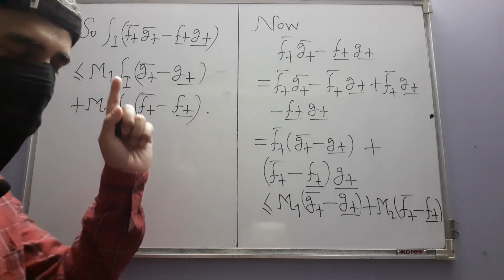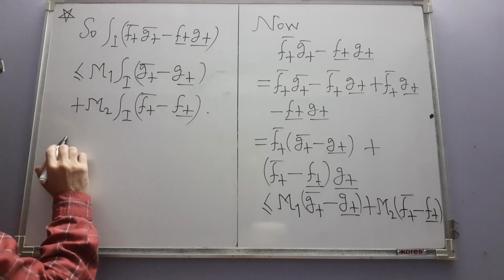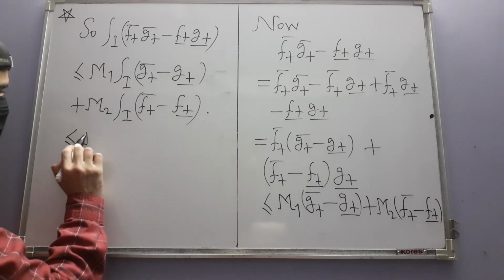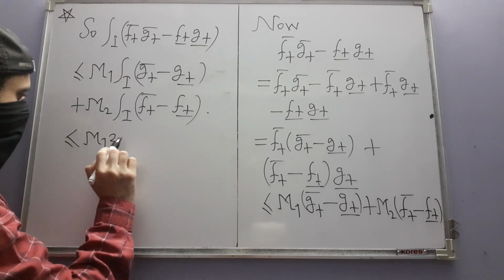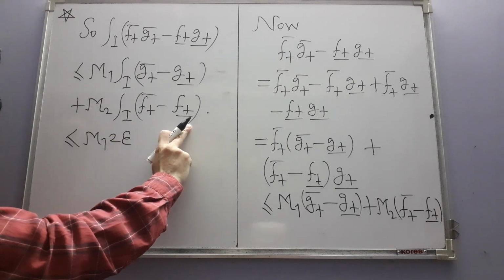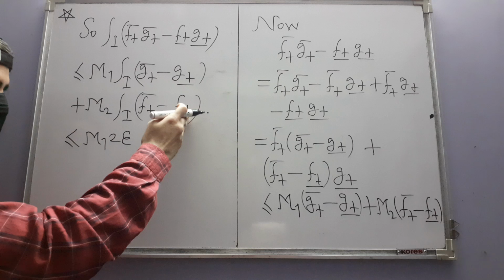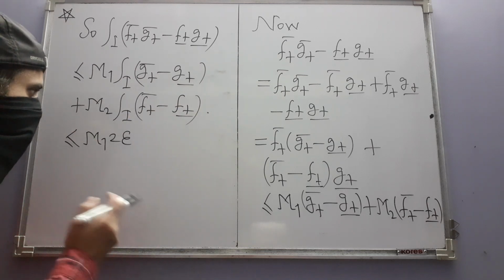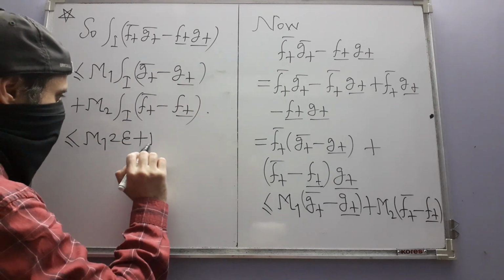Okay, it's coming from those inequalities. And that is why this is less than or equal to m1 times 2 epsilon. Similarly, this integral, which is integral of this minus integral of f plus underscore, is also less than or equal to 2 epsilon.